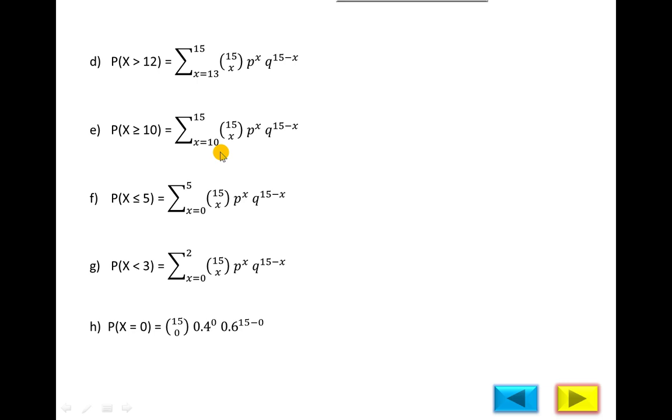But all the values from 0 to 20, when n is from 0 to 20 and x is from 0 to 20, with different values of p equal to 0.1, 0.2, 0.3 up to 0.9, are given in your book in the binomial probability distribution table. Now we will solve the same question again using the binomial probability distribution table.